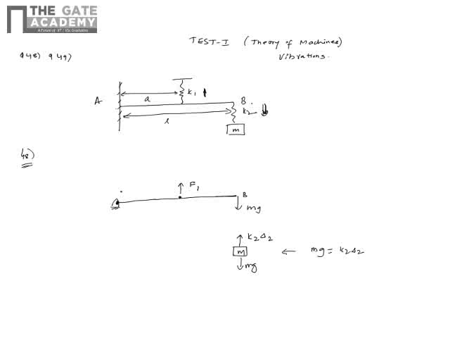Because what I feel is it shouldn't be fixed, because if it is fixed then it can't rotate, it's rigid. So don't think that it's a fixed joint, it is something like a hinge joint. So I have F1 here, F2 here, and the reactions are there.